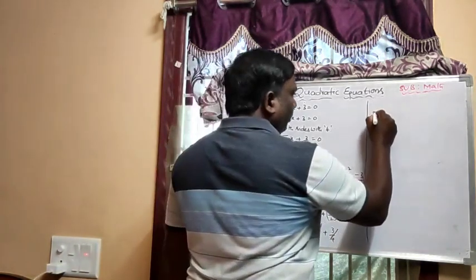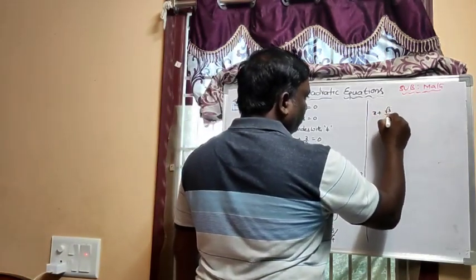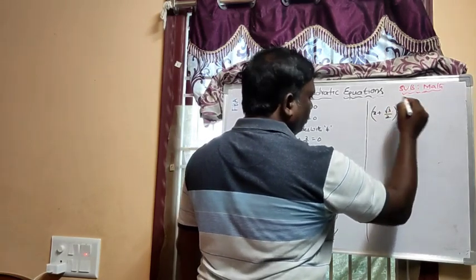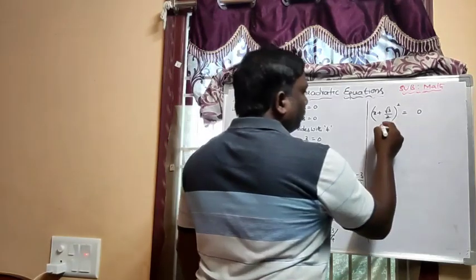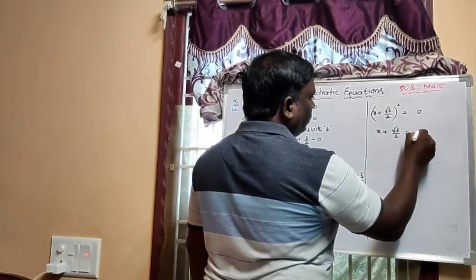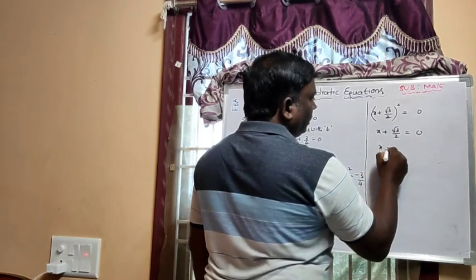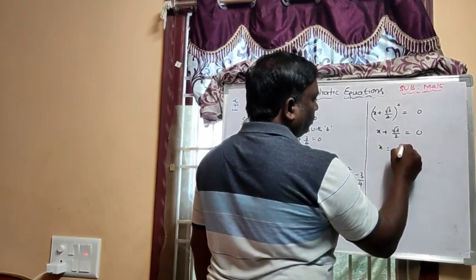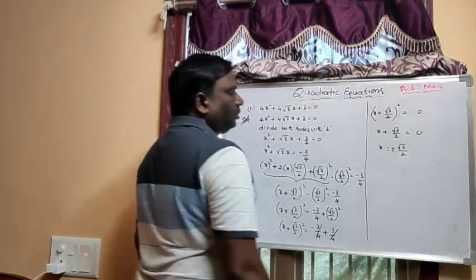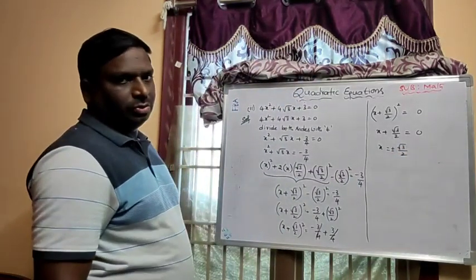X plus root 3 by 2 whole square equal to 0. Then the roots: x plus root 3 by 2 equal to 0, x equal to plus or minus root 3 by 2.